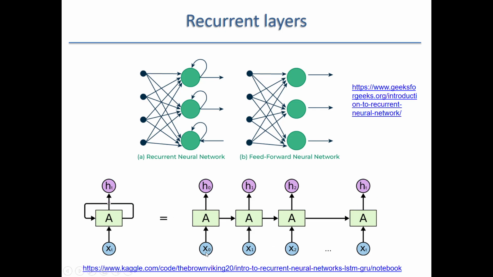So x0 is affecting the first system, but the state of this system is affecting the state of the next one that is receiving x1. You repeat that for the length that you want, and then you don't have an infinite recurrence, but a finite recurrence.